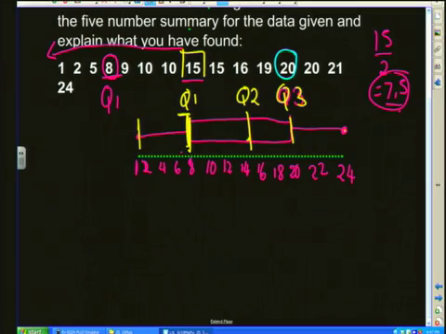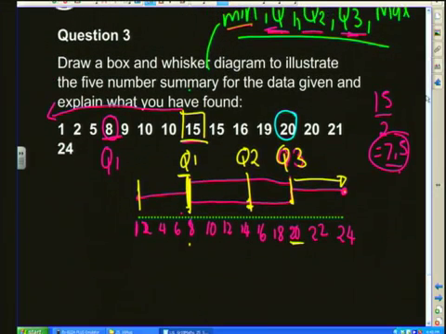In other words, 25% of values less than 8, 50% of values less than 15, and 75% of values less than 20. And then that would imply that 25% of your values are greater than 20. All right, so that's very quickly a summary of your box and whisker diagram and our 5-number summary.